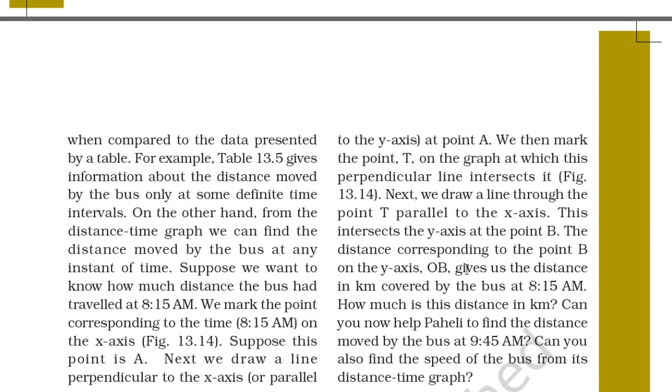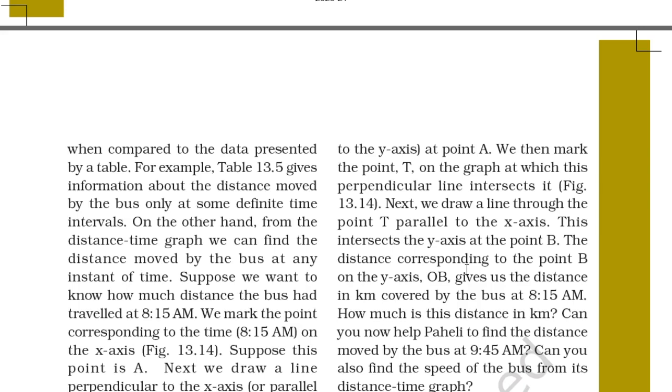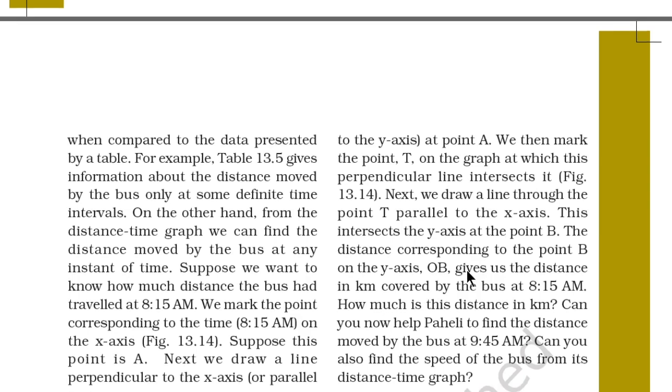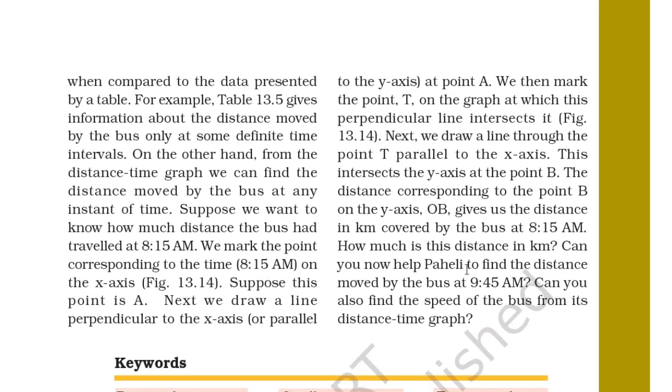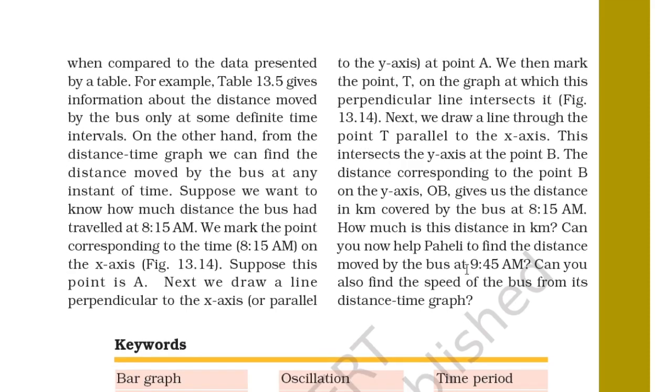This intersects the y-axis at the point B. The distance corresponding to the point B on the y-axis, OB, gives us the distance in kilometers covered by the bus at 8:15. How much is this distance in kilometers? Can you now help Paheli find the distance moved by the bus at 9:45 am? Can you also find the speed of the bus from the distance-time graph?